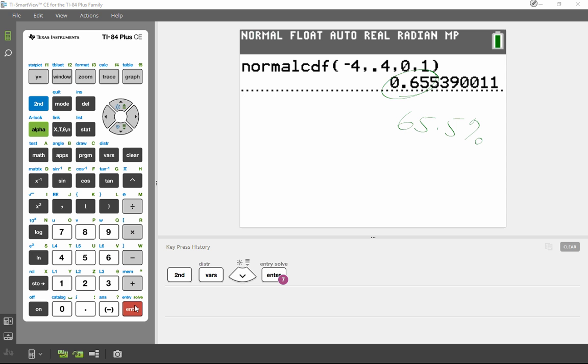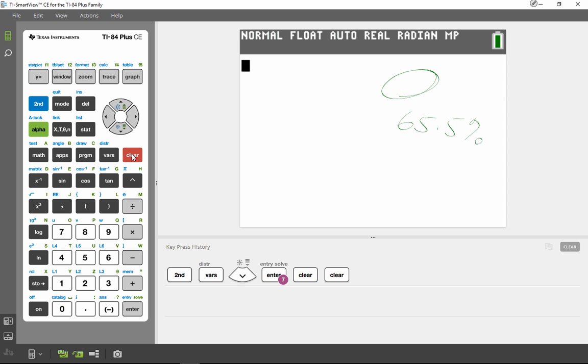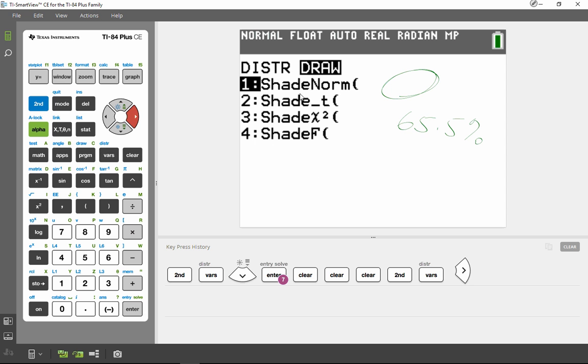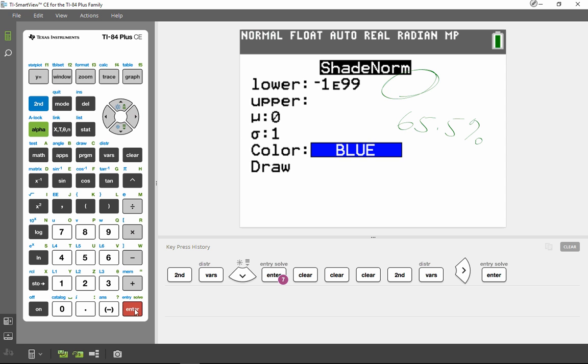Now the other way, if you want to do it the other way, no big deal. I'm going to hit second VARS, but I'm going to go to draw this time. And it says shade norm. So hit the shade norm. Again, what is my lower? -4.